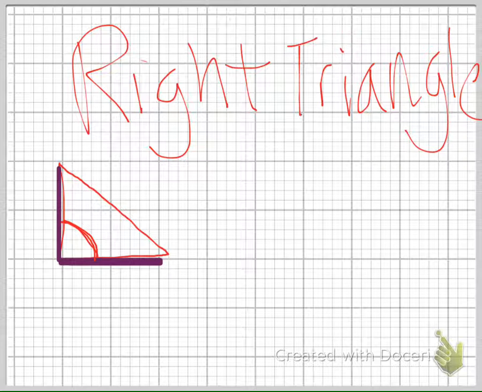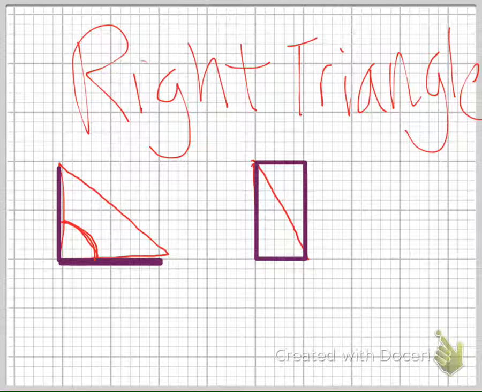And we did discuss this a little yesterday, and we talked about it with the geoboards, but any right triangle of any shape is going to be 1/2 of a larger rectangle, right?